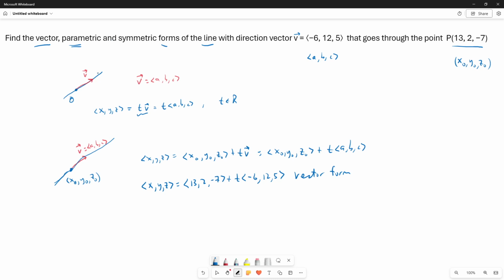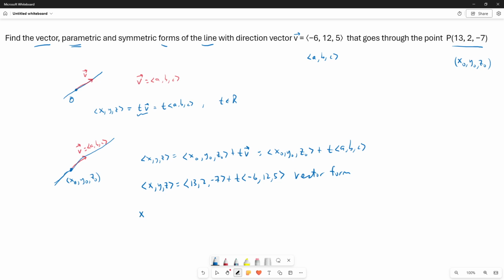The parametric form involves simply combining the terms on the right side and then equating the components. So the first component here is x.